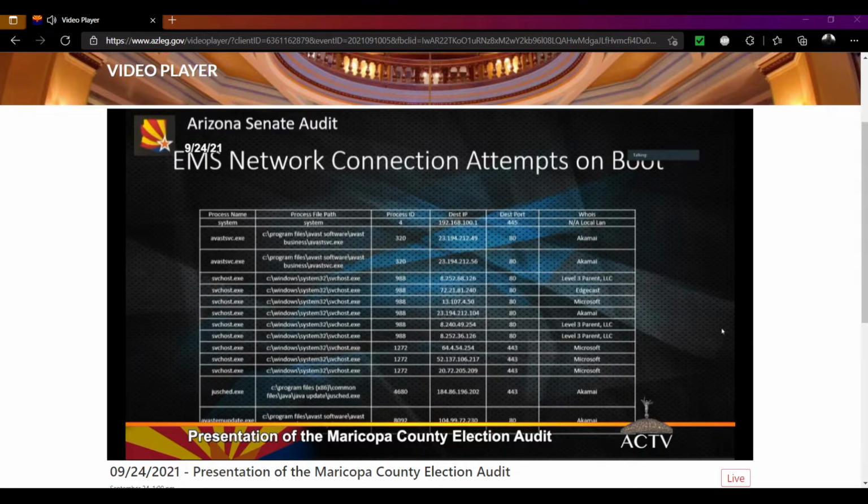I would take a look at the level 3 parent, the Edgecast connections there, and I would probably request from the Maricopa County the documentation for those functions that rely on those connections and to determine whether or not those are certified or not.